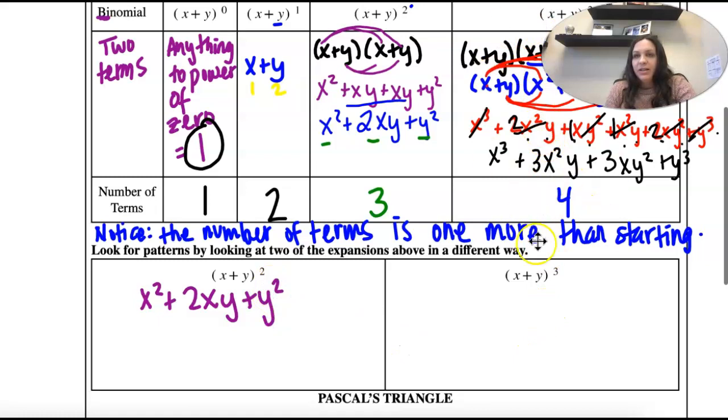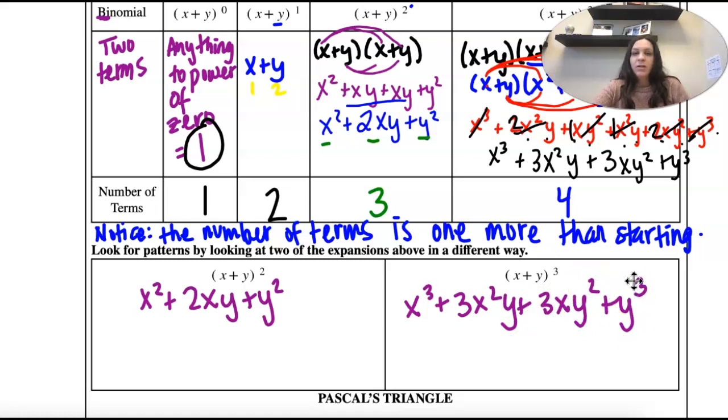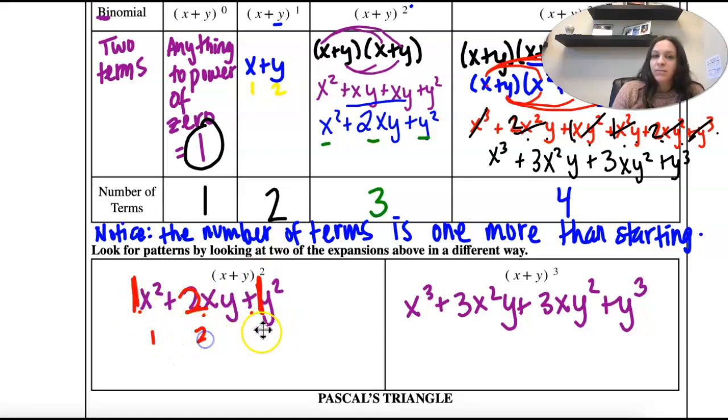And then here, x plus y cubed is x cubed plus 3x squared y plus 3xy squared plus y cubed. Okay, so the pattern I want you to see, I'm just going to tell you, is 1s on the outside and then a number in the middle. So 1, 2, 1. Those are called the coefficients.